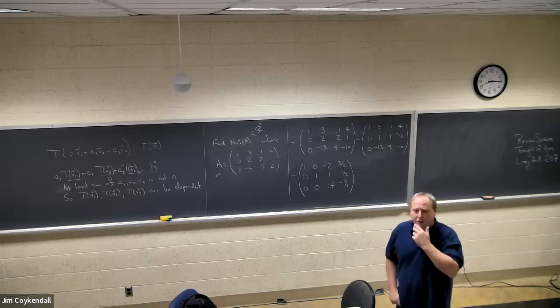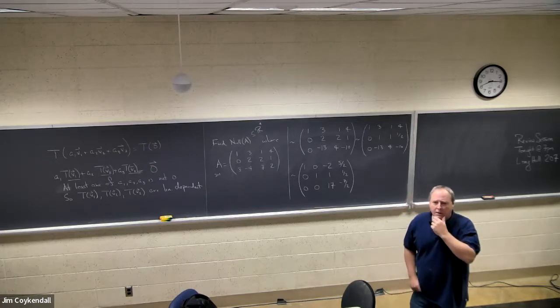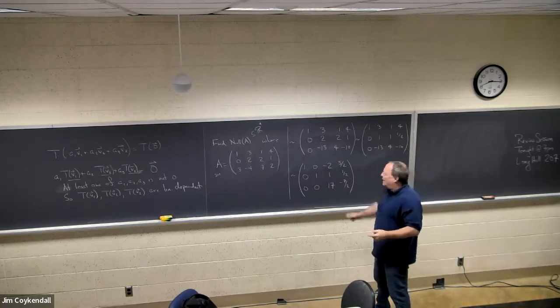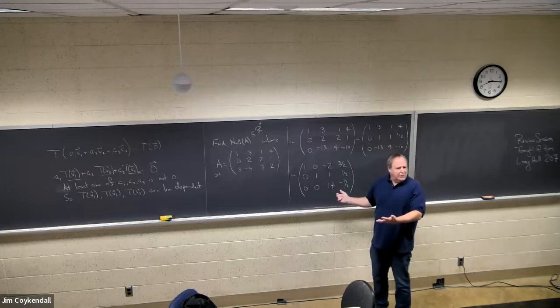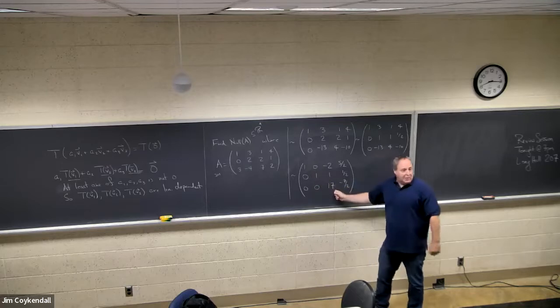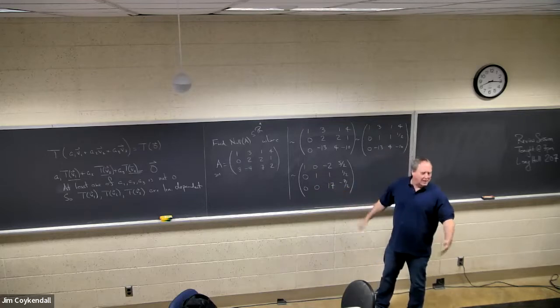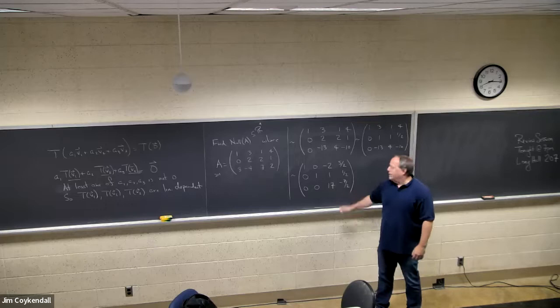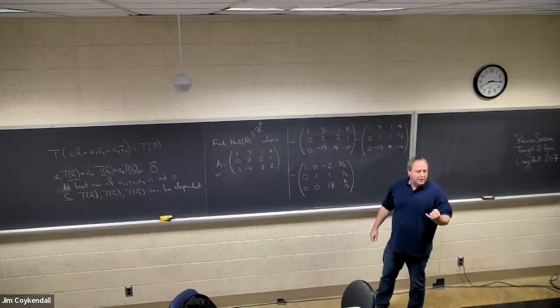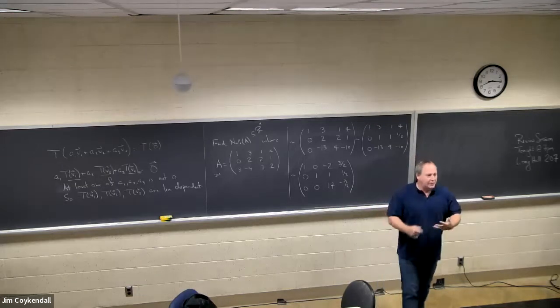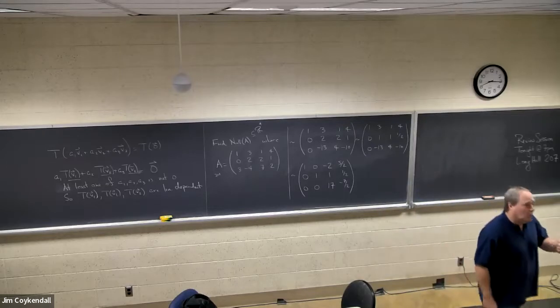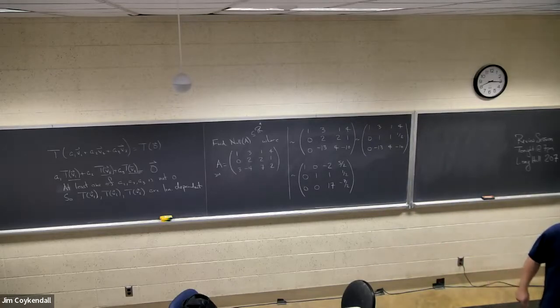It is 1. How did you know that? How many pivots do I have here? Well, I've got them, but this is going to be another pivot, even though I haven't worked it out yet, right? So this is another pivot right here. So there's going to be 3 pivots, 1 free, and that 1 free corresponds to that free parameter. So it should be a 1-dimensional null space. Right? Okay.